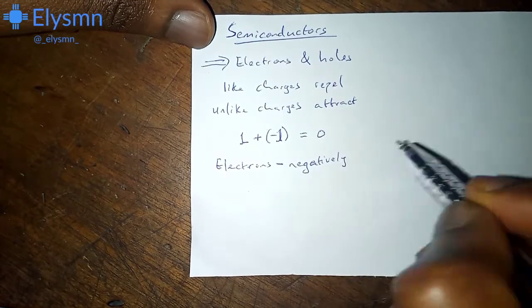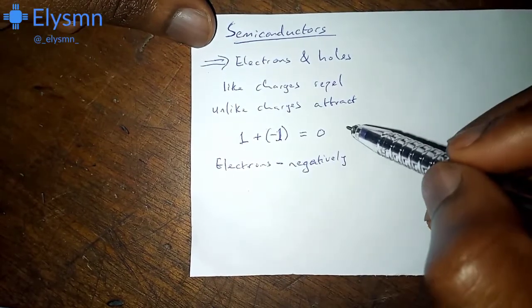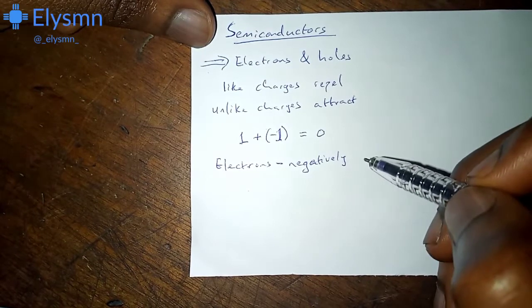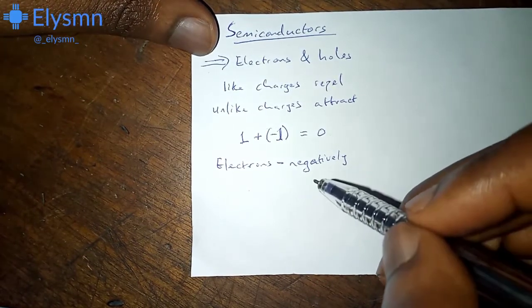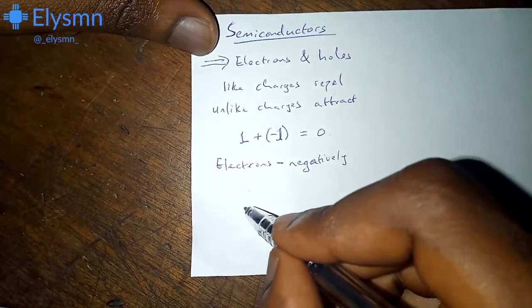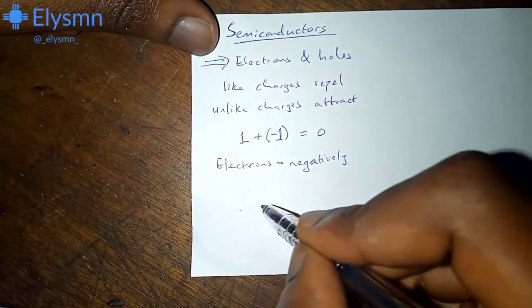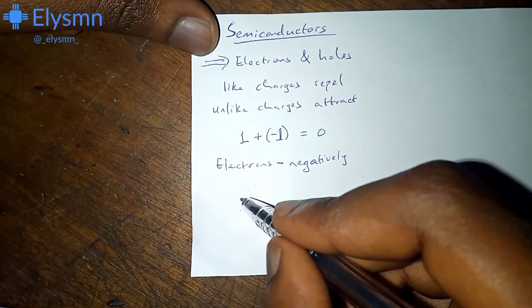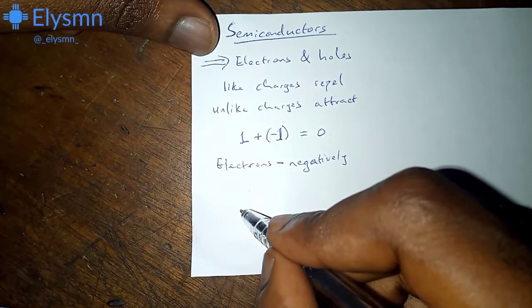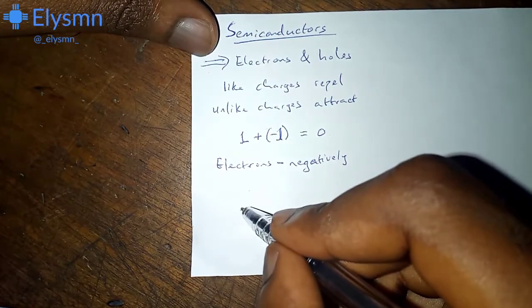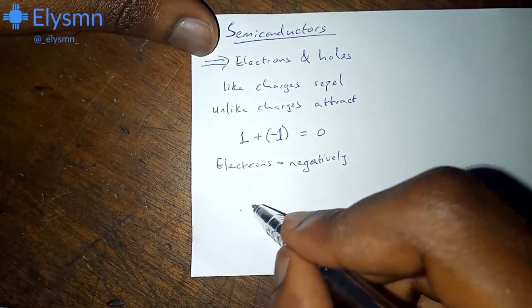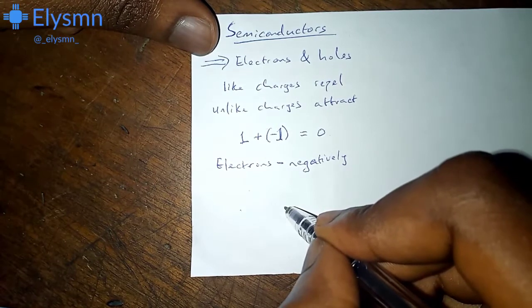So we have holes. Whenever electrons move away from a point in an atom, that point becomes empty. So if you had an electron in this point and it moves away to another point, this point becomes empty. This point, we call it a hole and we give it a positive charge because this electron was at a balance in this point, but it moved away to form another balance somewhere else.